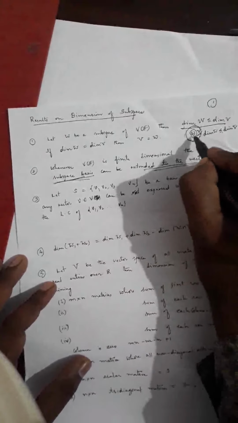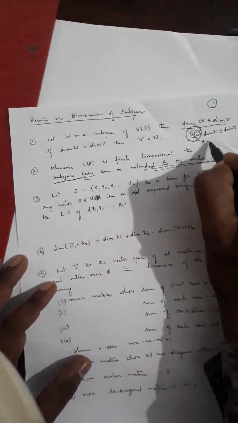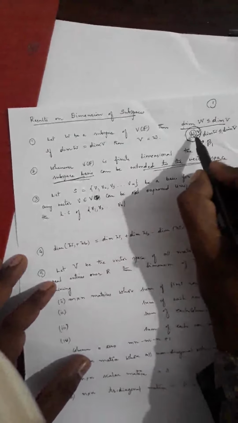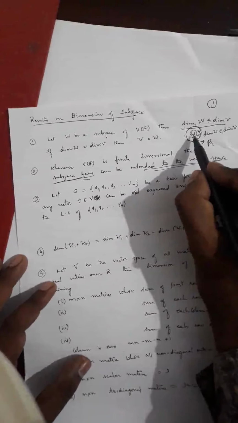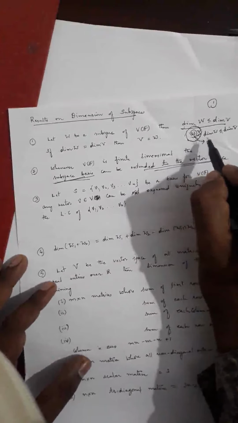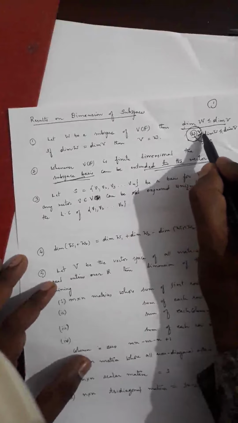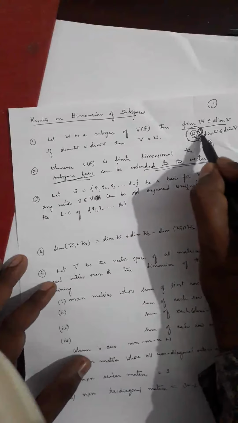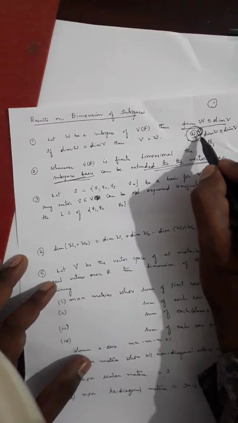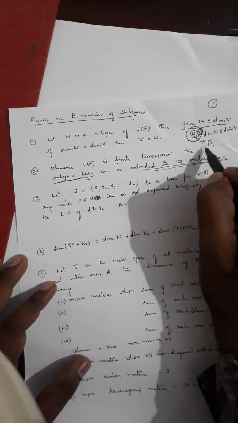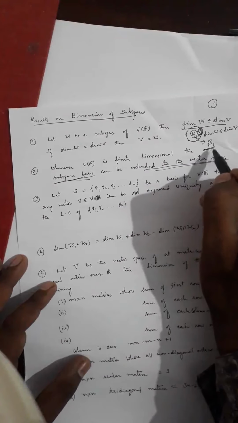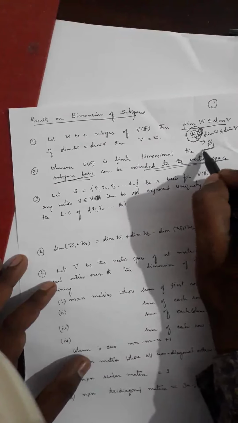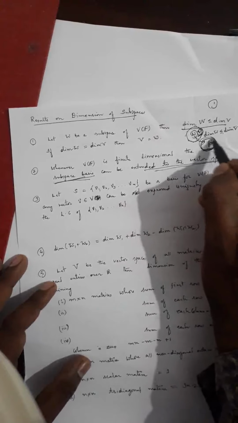Suppose beta 1 is a basis for W, which is a subspace of V. Then, if V is finite dimensional, I can extend the basis beta 1 to V. Already we know the basis extension theorem, which says if I have linearly independent vectors, I can extend them to a basis.